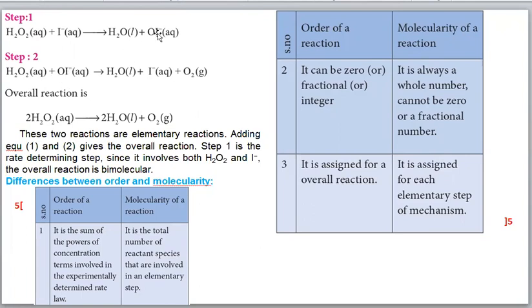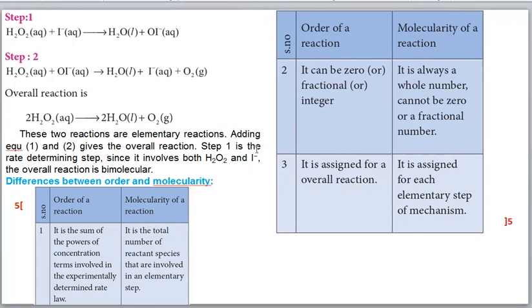OI minus and OI minus cancel, so the remaining part is 2H2O2 aqueous giving 2H2O liquid plus O2. These two reactions are elementary reactions. Adding equations 1 and 2 gives the overall reaction.